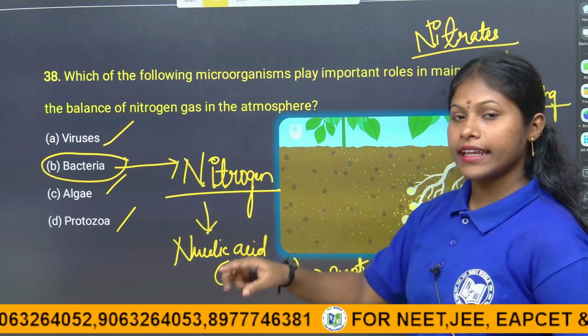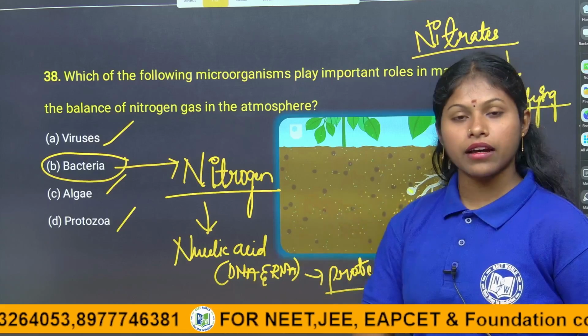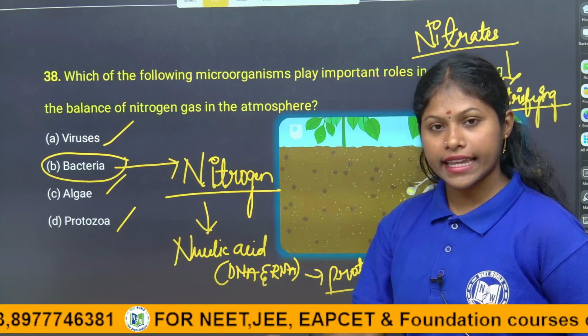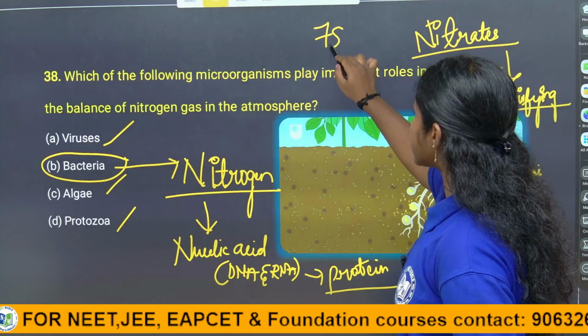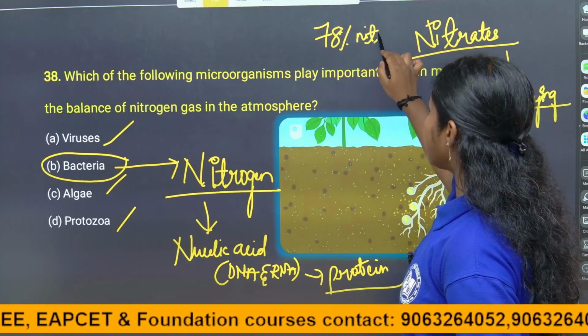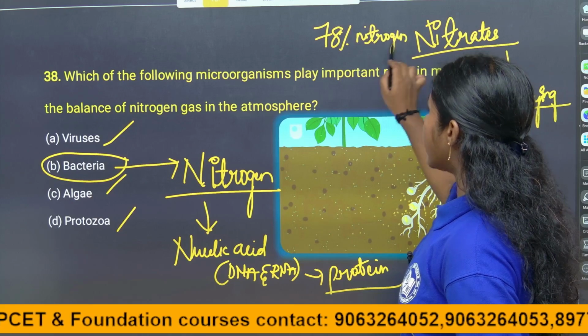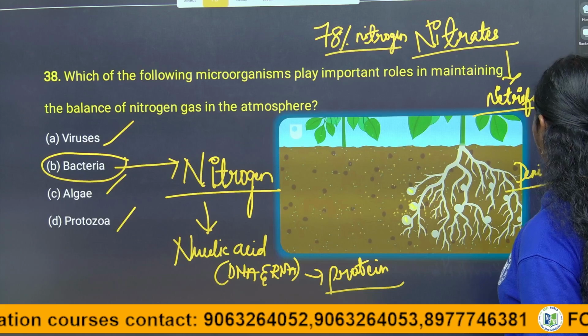And coming to denitrification, children. How is the stable maintenance of 78 percent nitrogen present in the atmosphere? By giving it back to the atmosphere. How is it happening?